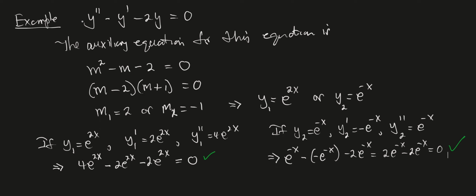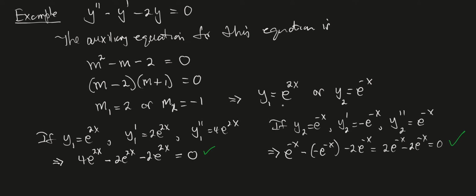So we know that these two functions by themselves satisfy the differential equation, right? We verified it right here for y1, and we verified it right here for y2. Now, if you recall, earlier we talked about this concept of a linear combination.